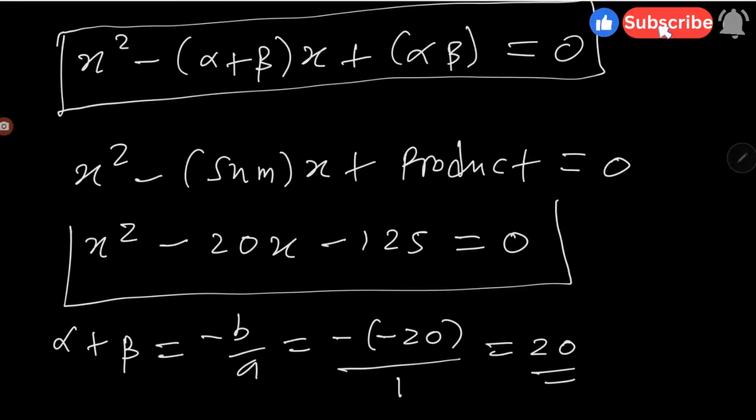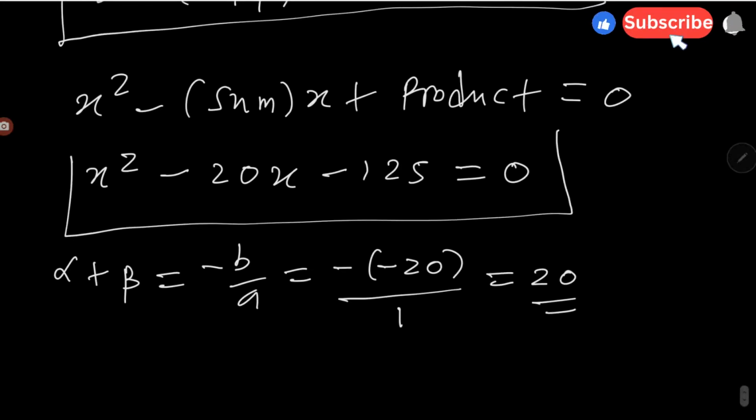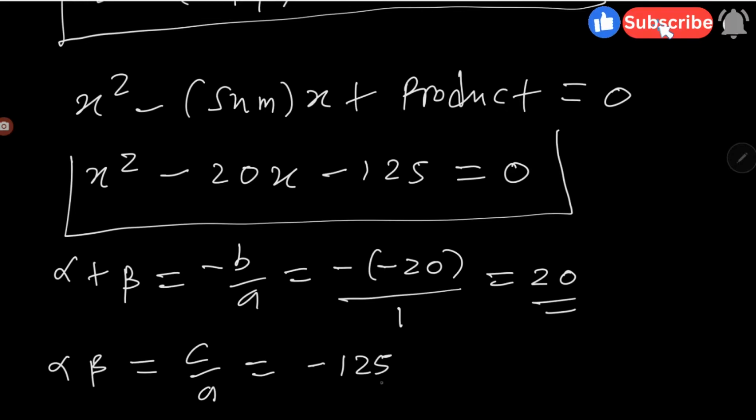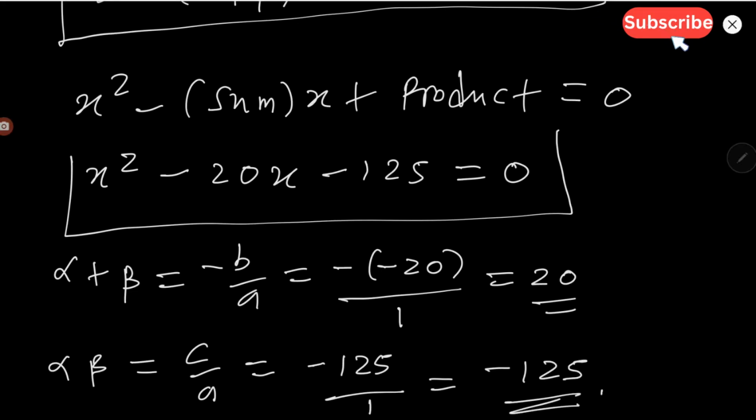So this is our sum, which is the same as the sum we found earlier. Our product, we know by formula it's c over a. Our c is minus 125 over my a is 1, and this will be minus 125, which is the same value we found for the product.